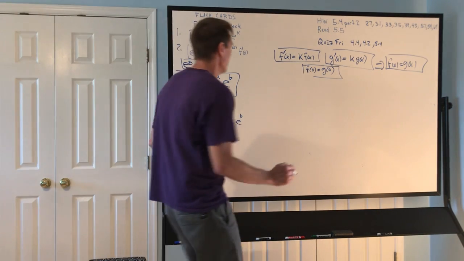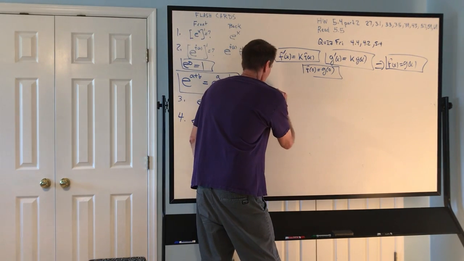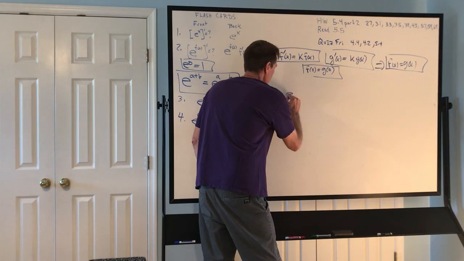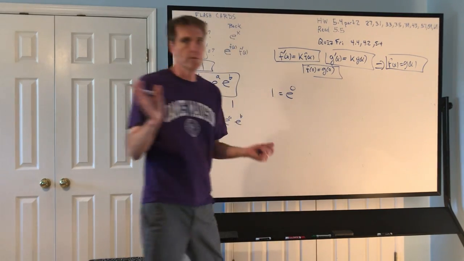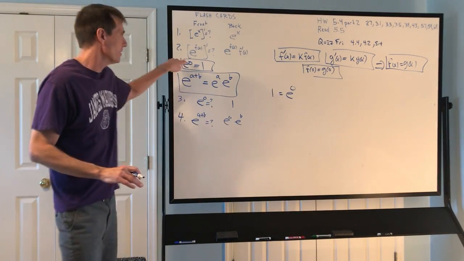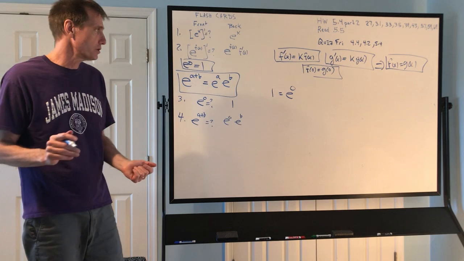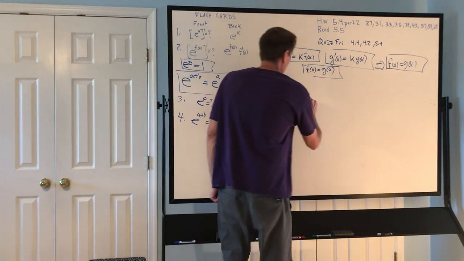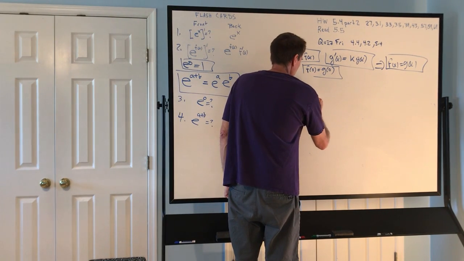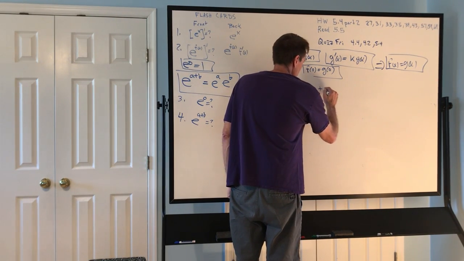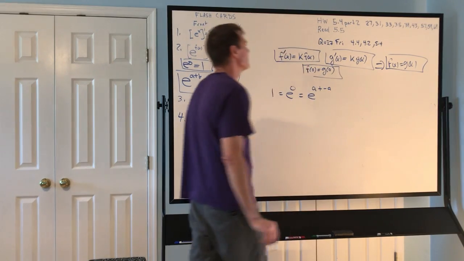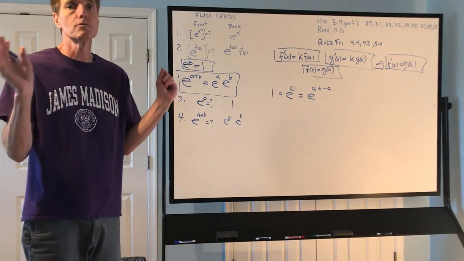Now, 1 is equal to e to the 0. We've got that. That was from last time, by the way. We defined our exponential function. But this is equal to e to the a plus negative a for any real number a.